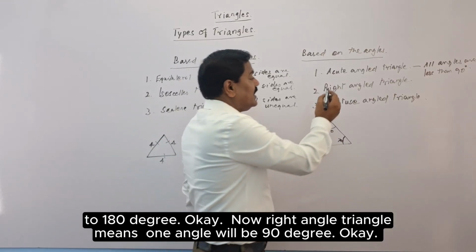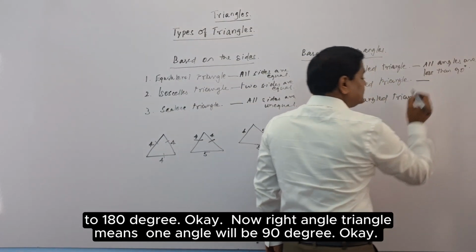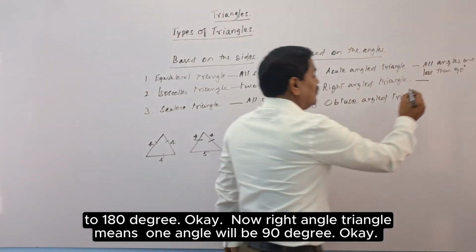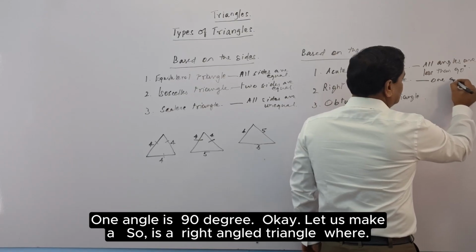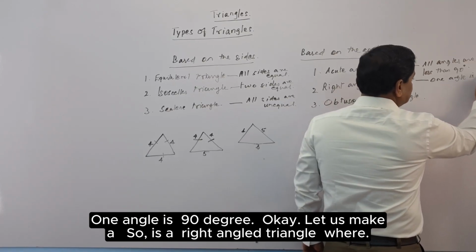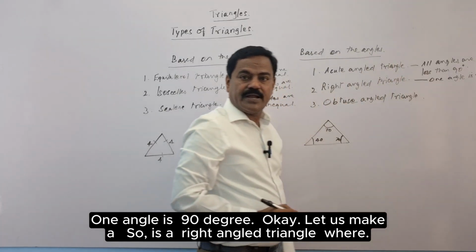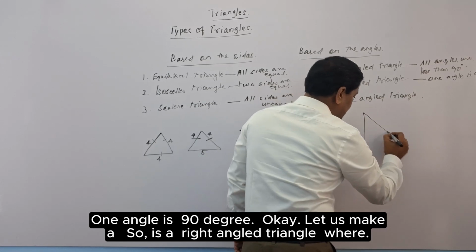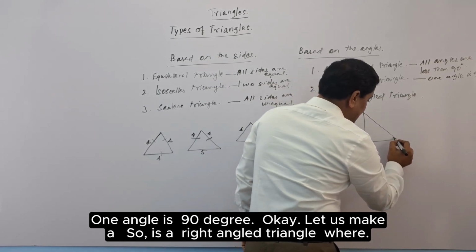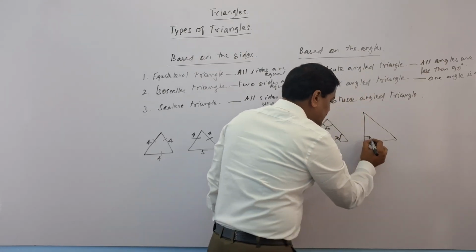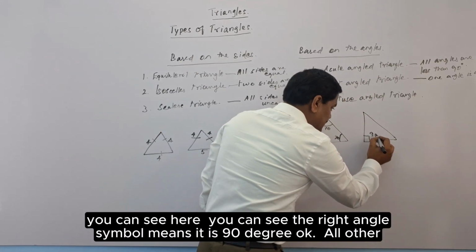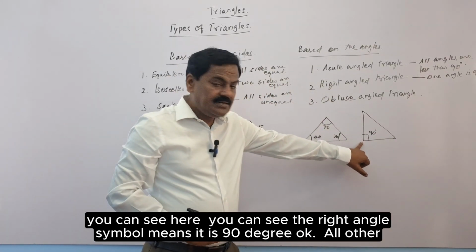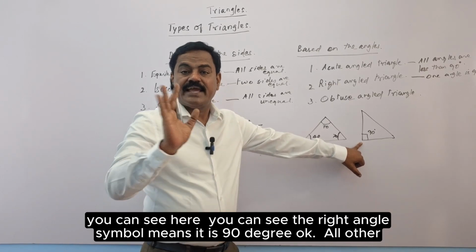Okay, now right angle triangle means one angle will be 90 degree. Okay, let us make a diagram. So this is a right angled triangle where you can see the right angle symbol, which means it's 90 degree.